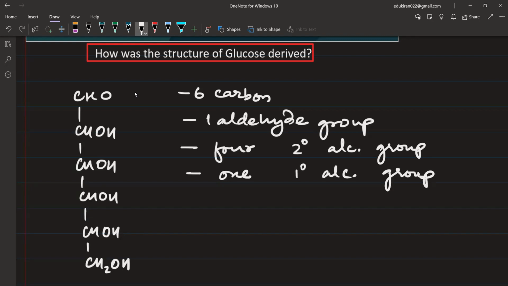That is all we have to prove in the structure of glucose. There are 6 carbon atoms, 1 aldehyde group, 4 2-degree alcohols and 1 1-degree alcohol. Is that right? Yes or no? Please tell me, guys. Right. So we are going to prove these things.